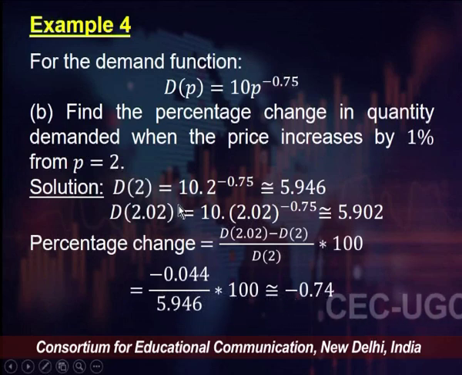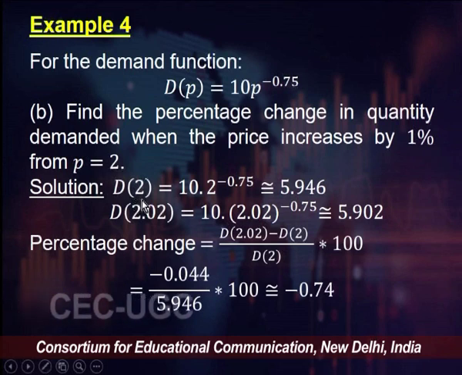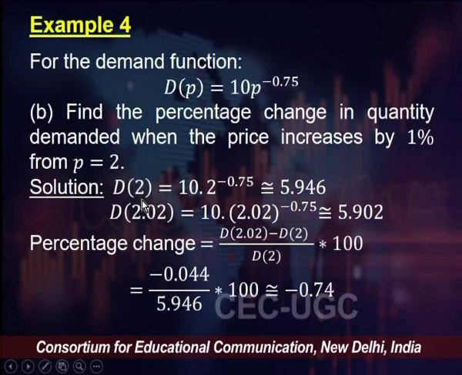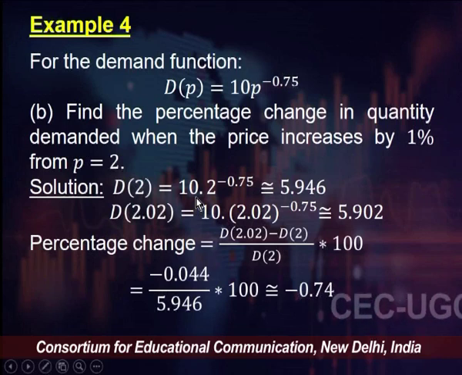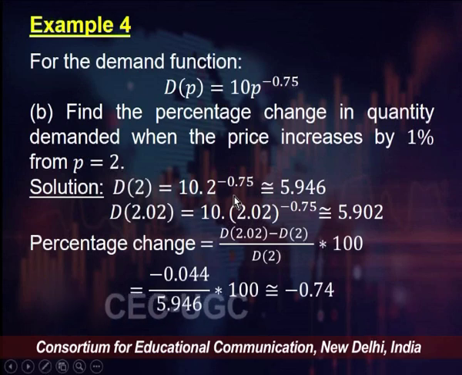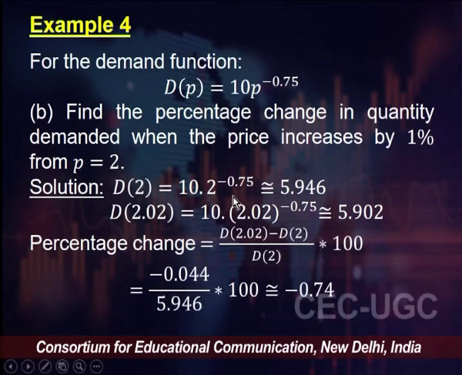Because the original price is p equal to 2, the quantity demanded at that original price is going to be given by 10 times, I am just substituting p equal to 2 in the demand function. So that is going to give me 10 times 2 to the power minus 0.75, which if you calculate is approximately equal to 5.946.